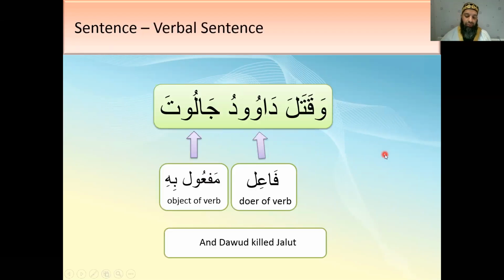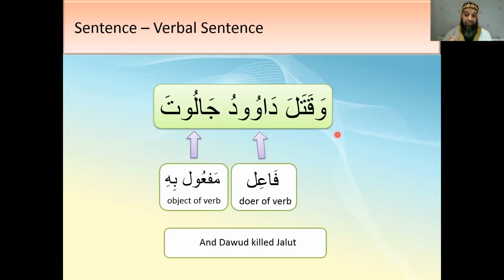So this was the super duper main important rule we had to learn. I'm not going to draw the equation this time. There's one grammar rule we needed to know, and the whole reason we did marfu, mansub, majroor, those three word cases, in lesson 2 or lesson 3 is so that we can understand a verbal sentence.